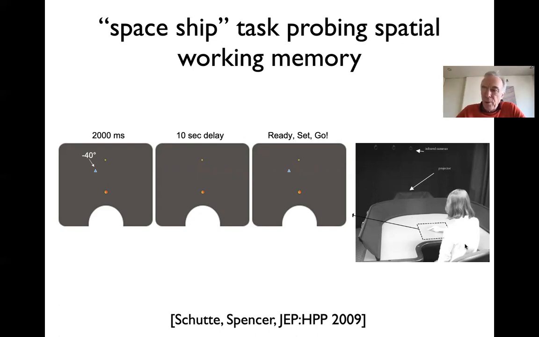So this was done partly with children, also with adults. The developmental aspect is also interesting, but I don't want to go too deep into that. And here the light is on in this room, and you see this girl pointing with a finger at a location, and that's the answer the participants give to the question, where was the target, which for the kid was a spaceship that we showed on that screen. So it's been more precise. You have a reference point.